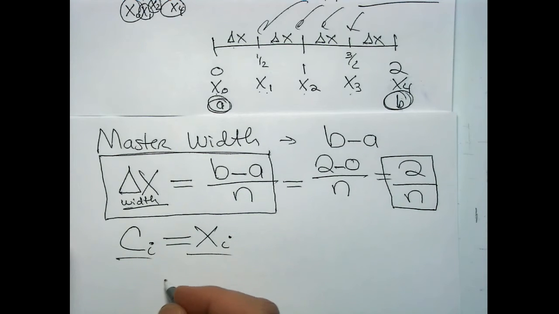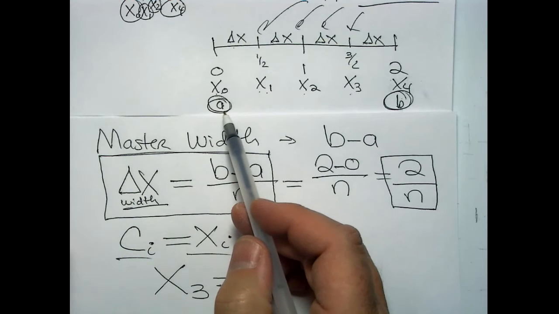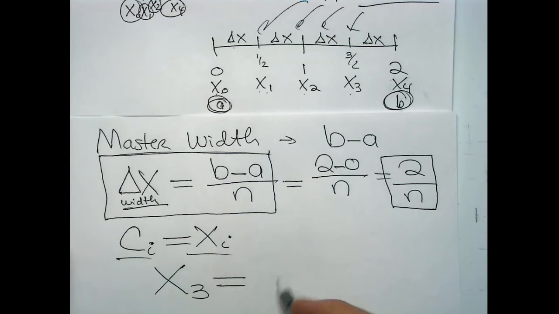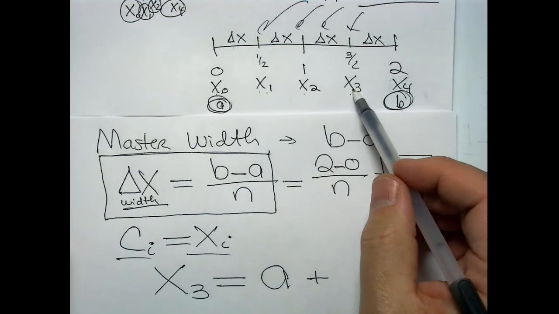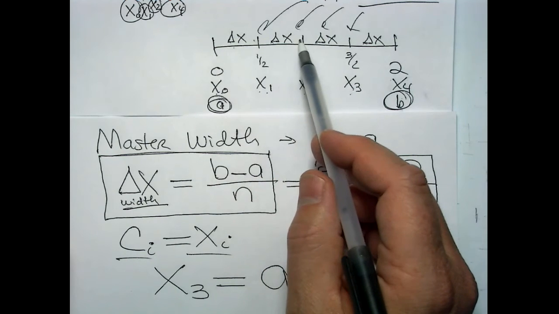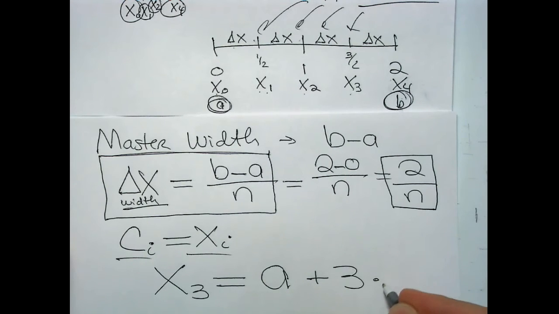Now, I want you to think about something. If I said, can you get me to x3, what would be a good way to do that? Well, a is going to be given to you, so you could literally start right there and then add your way over to x3. And how would you add your way over there? Well, you would add 1, 2, 3 delta x's. That would be a great way for you to get to x3.